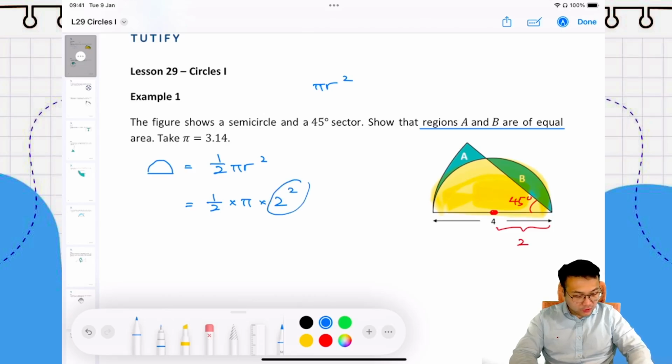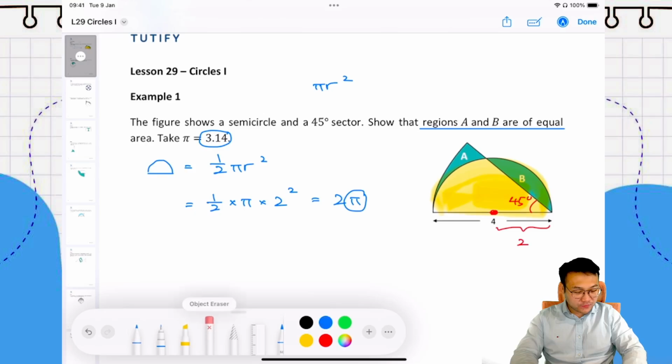This is going to give you 4. 4 times half equals 2. So what do you get in the end? You just get 2 pi. You can just leave your answer in pi first. I know that they told us pi is 3.14, but let's not multiply by decimals so soon. If we need to multiply by decimals, let's do it later because we want to keep our working simple first. So let's leave it as pi, 2 pi, like that. So this is our area of the semicircle for now.